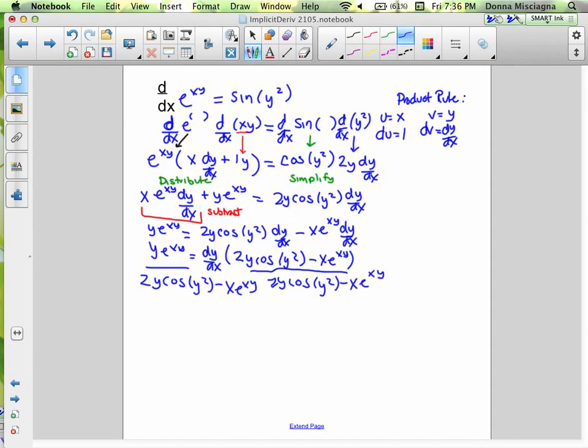So, final answer, our derivative is ye to the xy divided by 2y cosine y squared, our denominator is long here, minus xe to the xy.